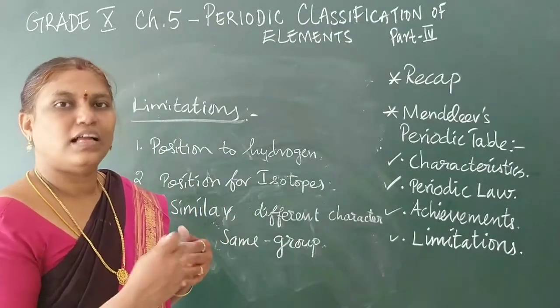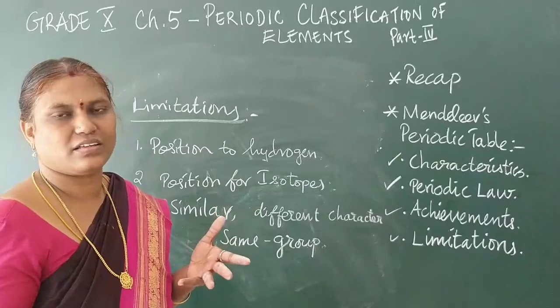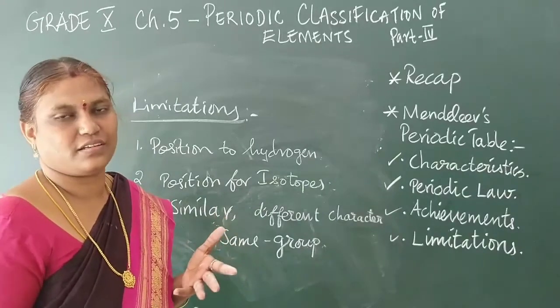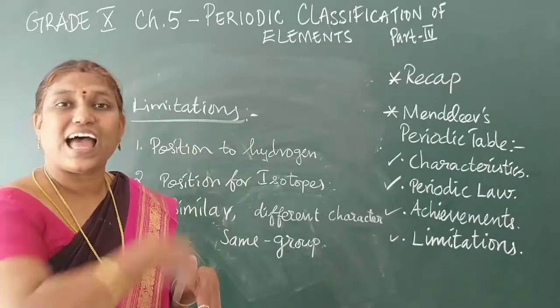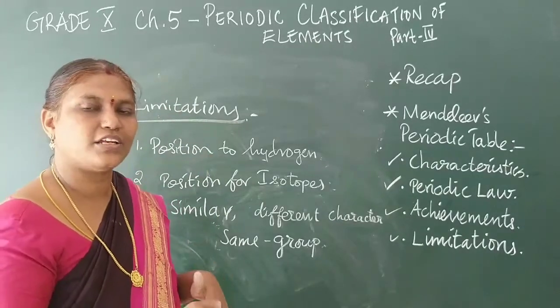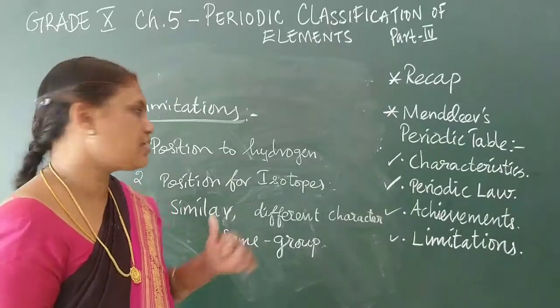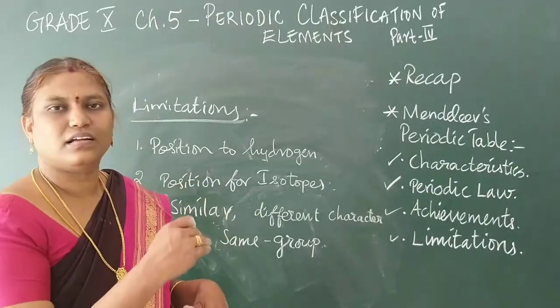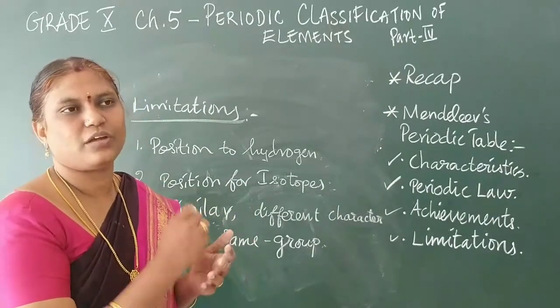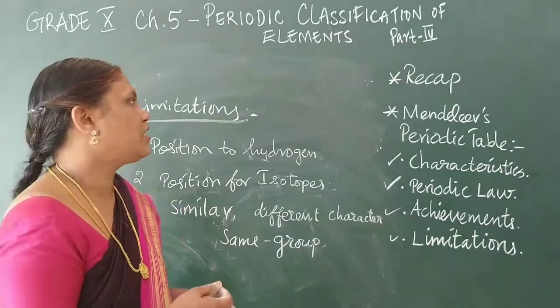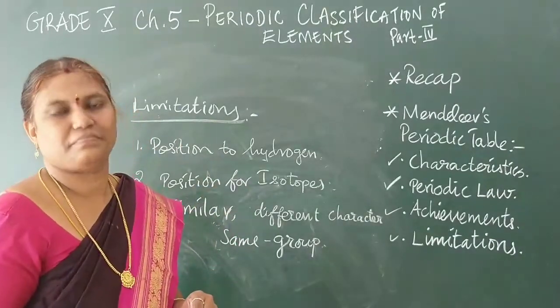We cannot say that is much of a demerit, because they have the same character. But some elements which do not have the same character were also placed with similar-character elements. One or two are misplaced. These are the limitations of Mendeleev.